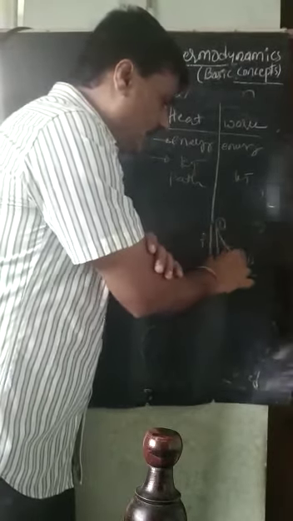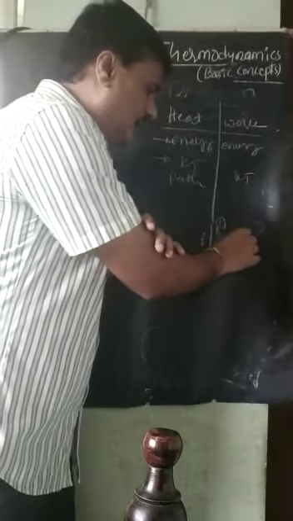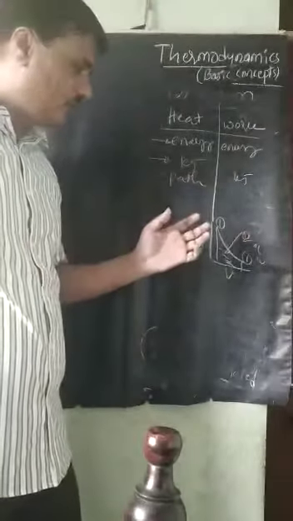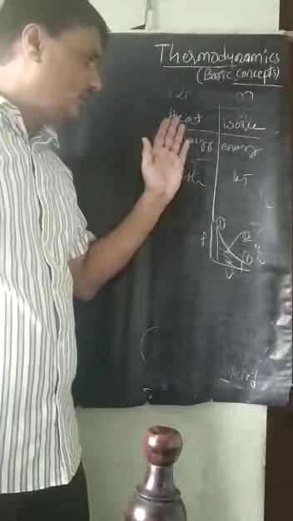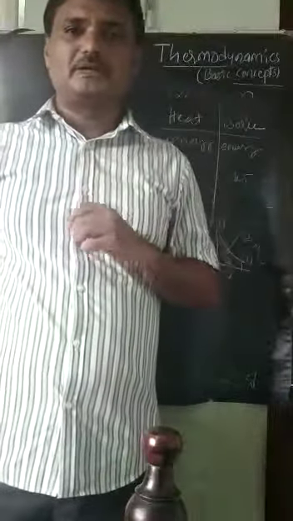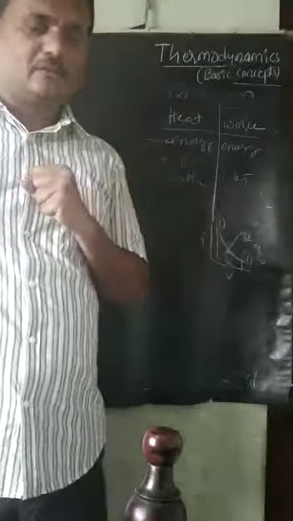The area covered under this indicates the total amount of heat or work. So both heat and work are path functions.